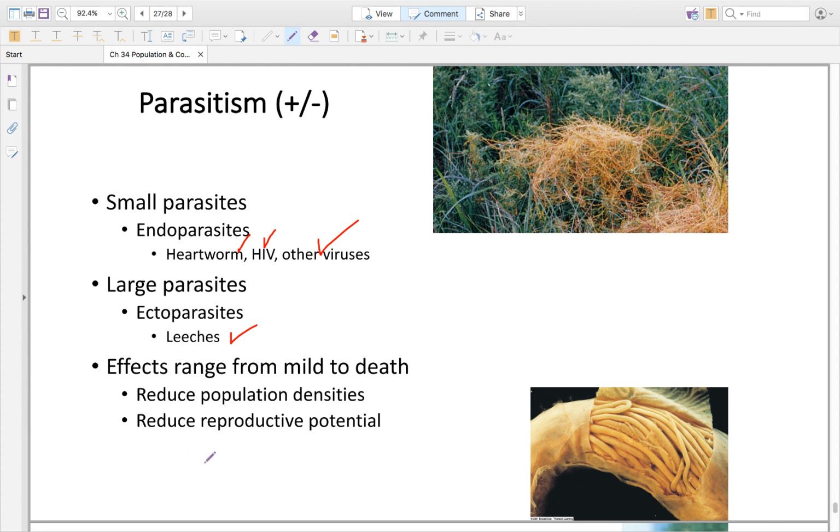Of course, these will devastate a population. They can have effects from mild to death. They can affect the actual population density, or they can reduce the population's ability to reproduce.